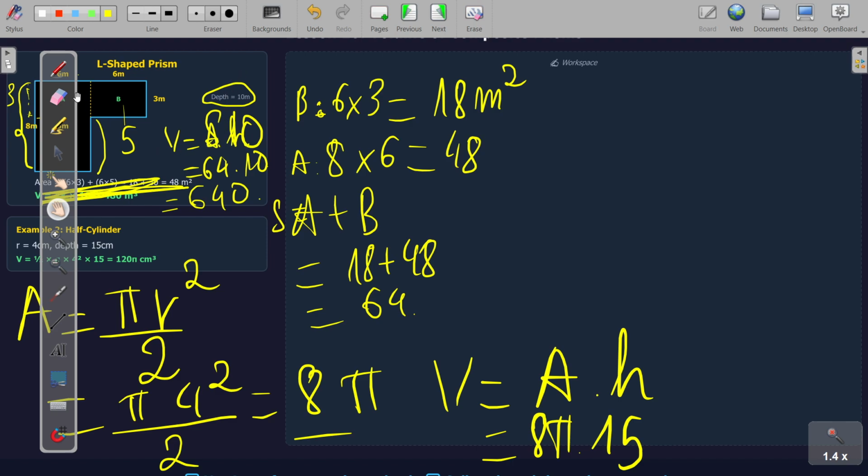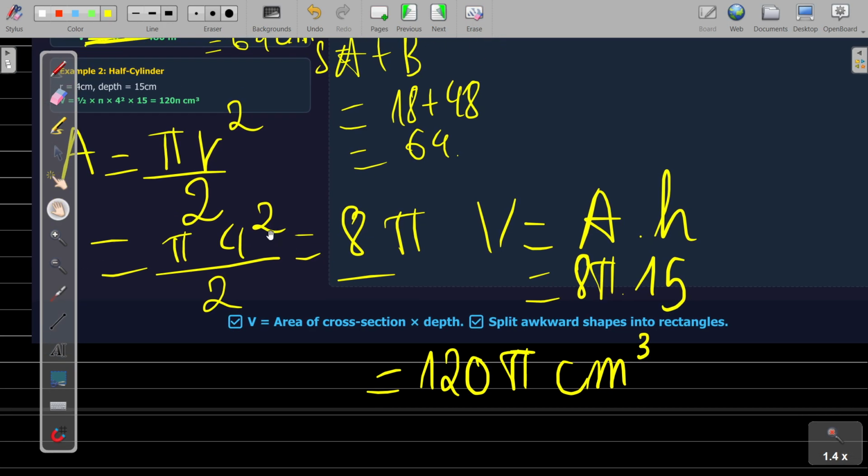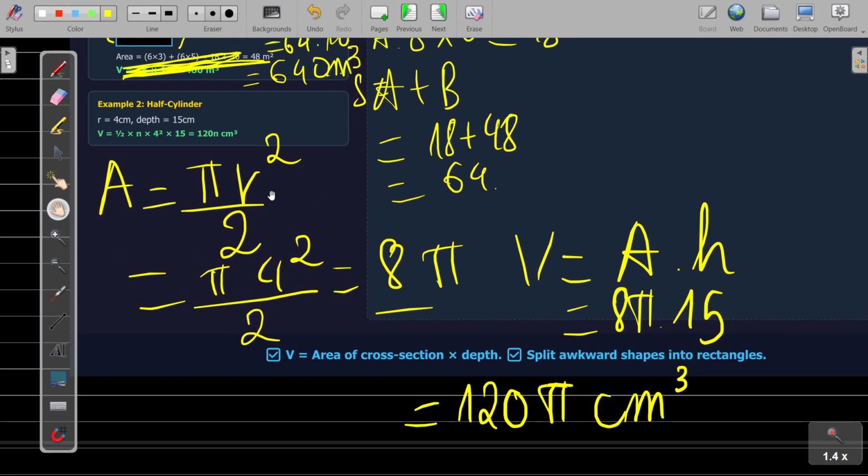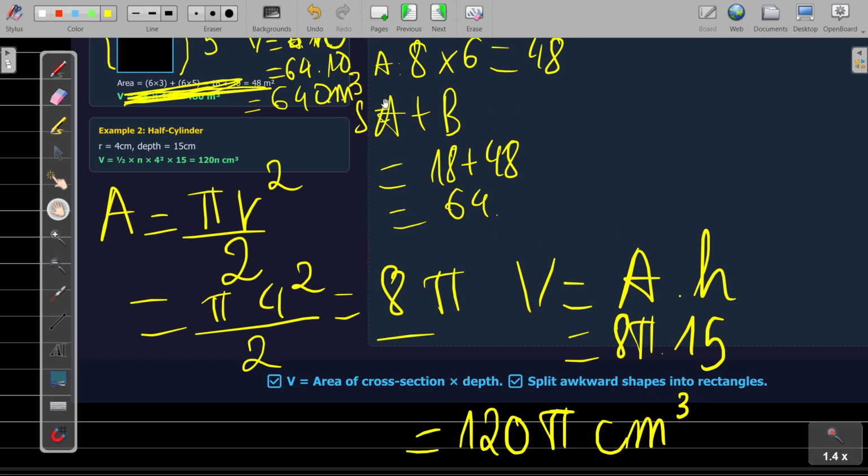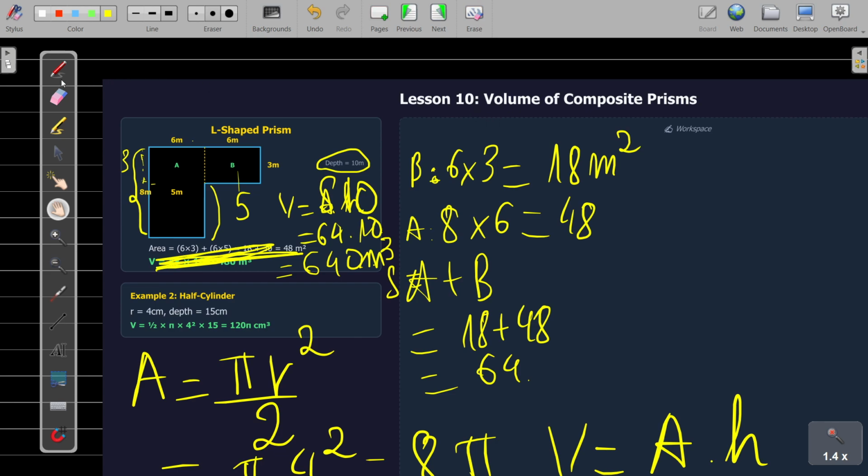I also forgot the unit above. Even I, as a teacher, can make mistakes, so you do need to check your work at times. So that is centimeters squared, no, cubed. This is also cubed because we're talking in terms of volume here as well.